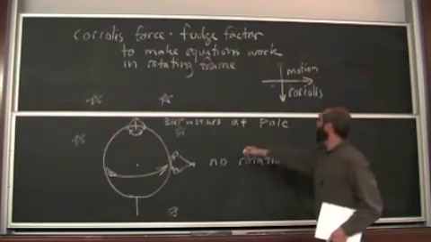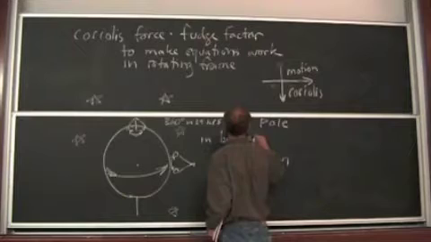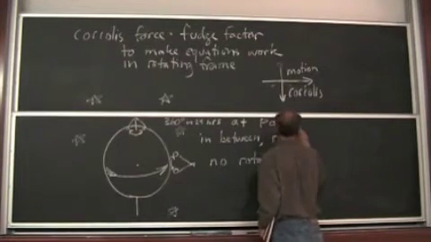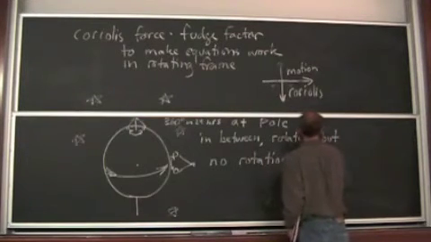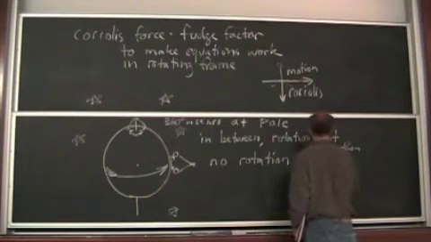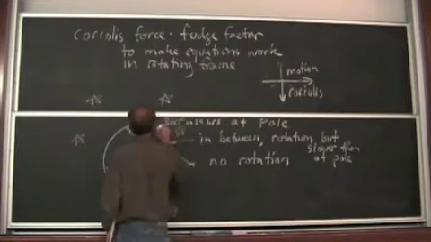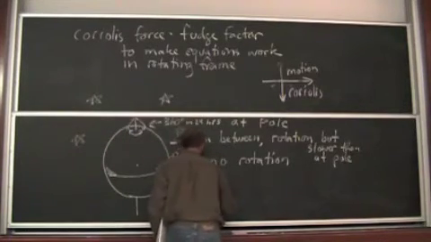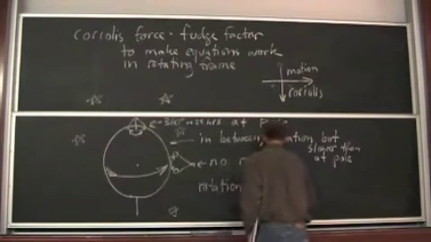And in between, there is rotation, but slower than at the pole. And then in the southern hemisphere, rotation in the opposite direction.